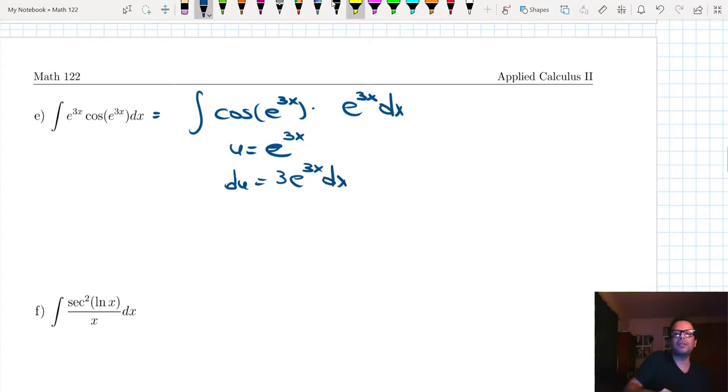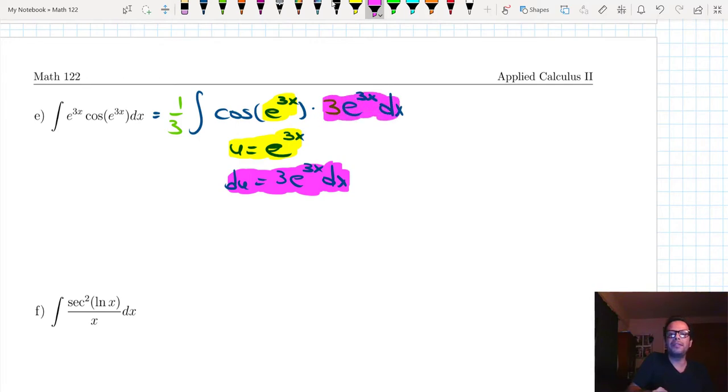So what are we missing? First of all, let's highlight our u and then our du. We're missing a factor of 3. We can add it provided we divide 1 out. So our du will take the place of 3e to the 3x dx.